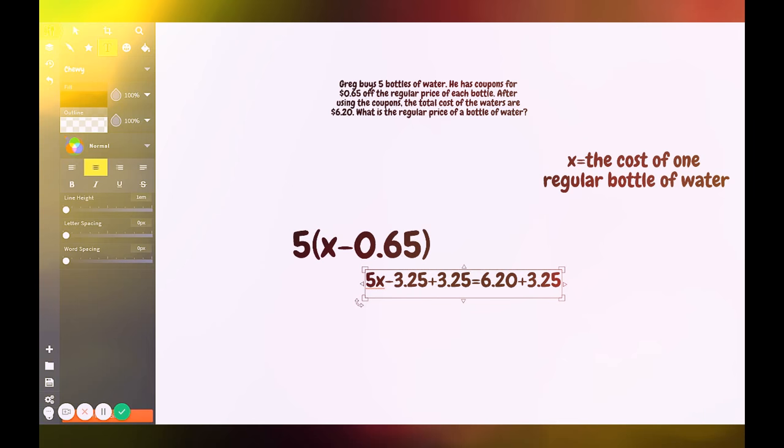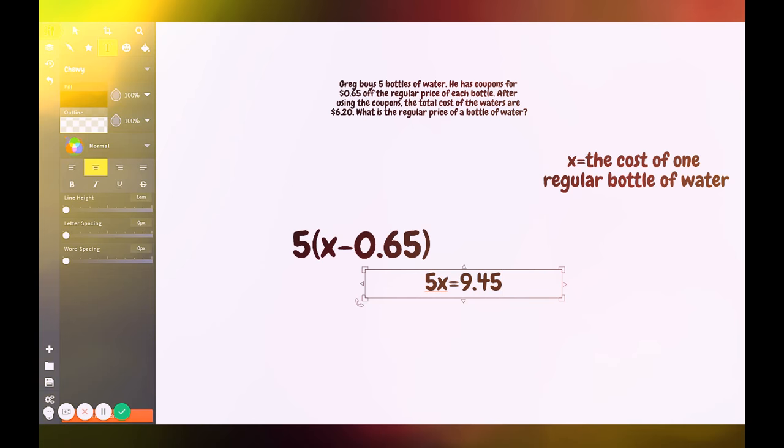So now you're left with the equation 5x equals 9.45. This is where you use the division property of equality to finish.